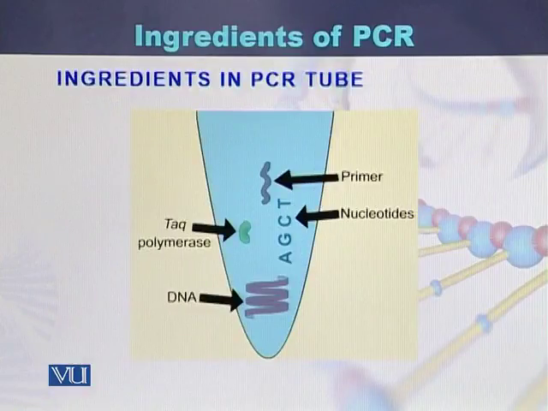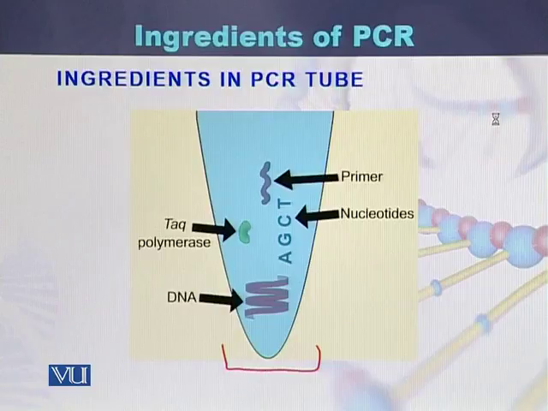Here we can see how the ingredients are mixed together within a tube. This is a typical microfuge tube in which there are primers and nucleotides. Nucleotides are of 4 types: adenine, guanine, cytosine and thymine.